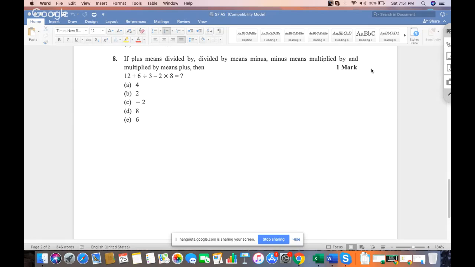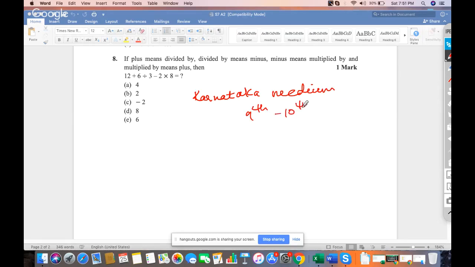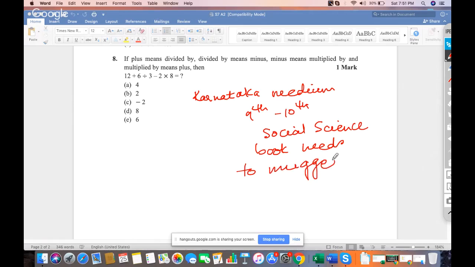For the SAT syllabus, the Karnataka medium 9th and 10th social science book needs to be mugged up completely.